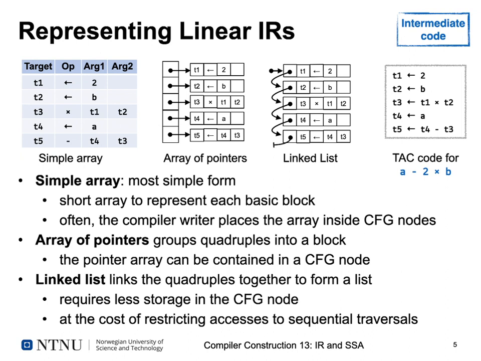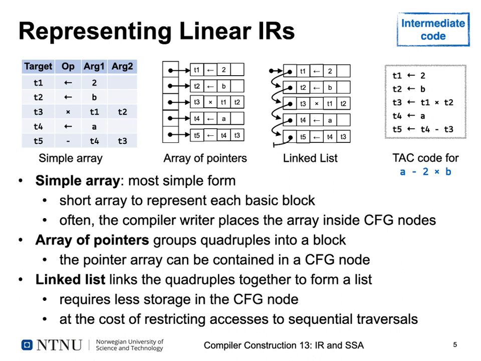What we could do is store each of our 3 address code instructions separately in memory, and then allocate an array of pointers where, in increasing array order, these elements just point to the respective 3 address code instruction. So this means we only need to allocate the array inside of a control flow graph node, but we would also need to provide storage space for each single 3 address code instruction somewhere else in memory.